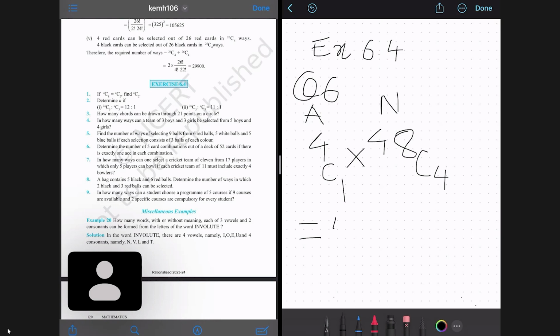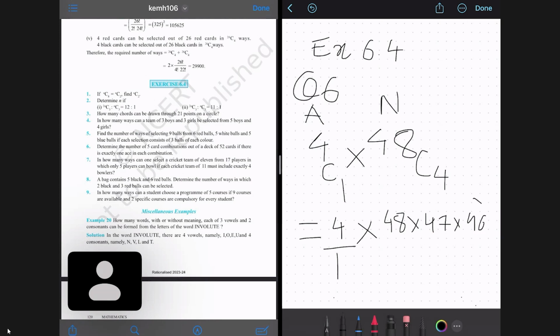4C1 is nothing but 4 upon 1, which is nothing but 4 itself. And 48C4 is nothing but 48 into 47 into 46 into 45 upon 4 factorial. Correct.